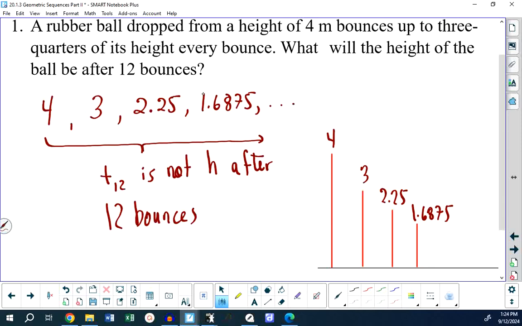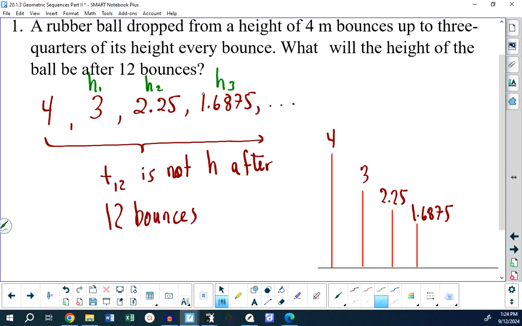Okay? So this is the height after 1 bounce. This is the height after 2 bounces. This is the height after 3 bounces. So if you are going to use that sequence, the height after 12 bounces is going to be the 13th term. Can you wrap your head around that?